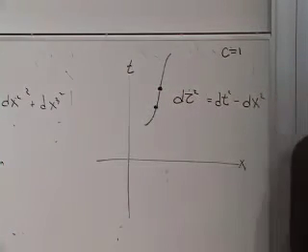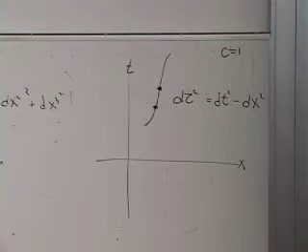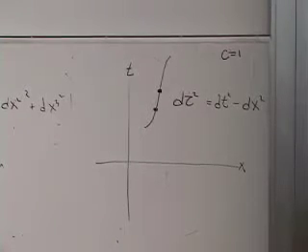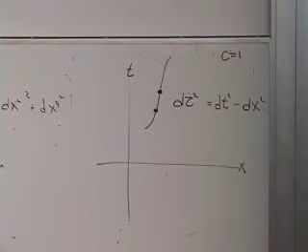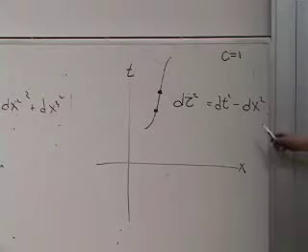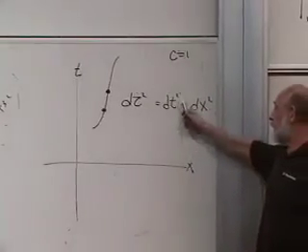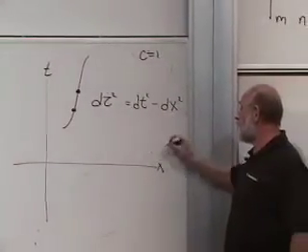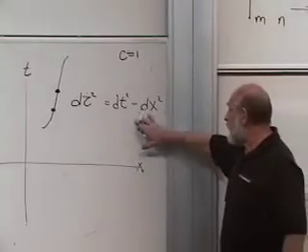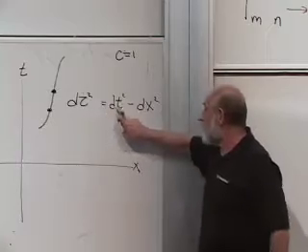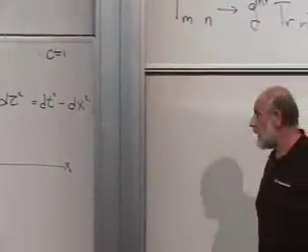This metric now represents proper time, not spatial distance necessarily. It can also represent spatial distance, but it represents what it represents. And the Lorentz transformations are transformations from one set of coordinates to another set of coordinates in which in both sets the form of d tau squared is equal to dt squared minus dx squared.